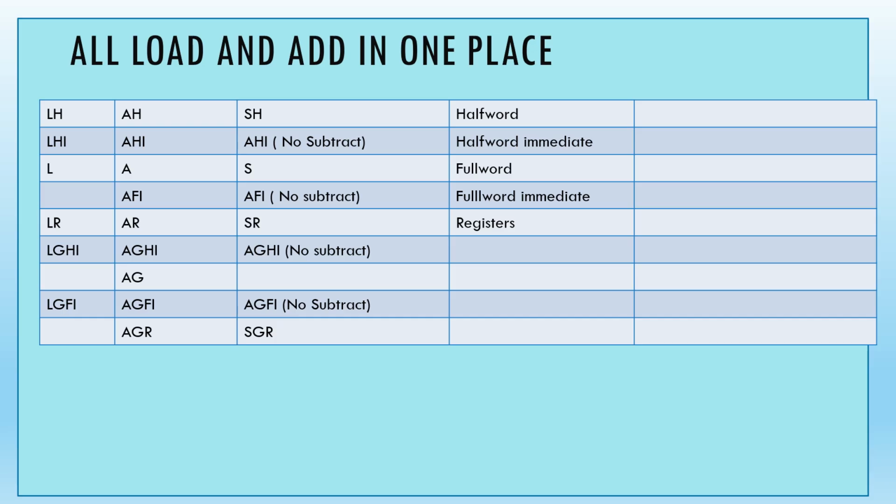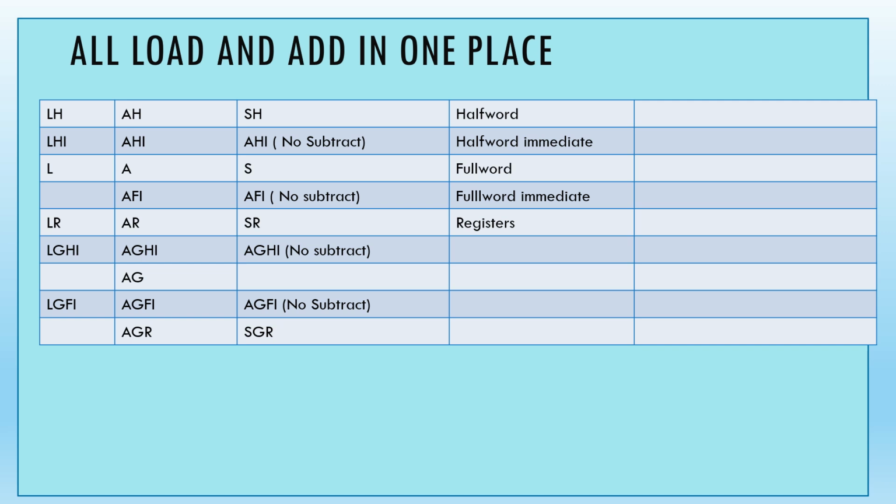Then you have LGFI. Interestingly, you don't have an LFI, but there is an LGFI. Then AGFI is nothing but AFI, but we are doing the operation on 64-bit. Similarly, for AGFI, no subtract is there.